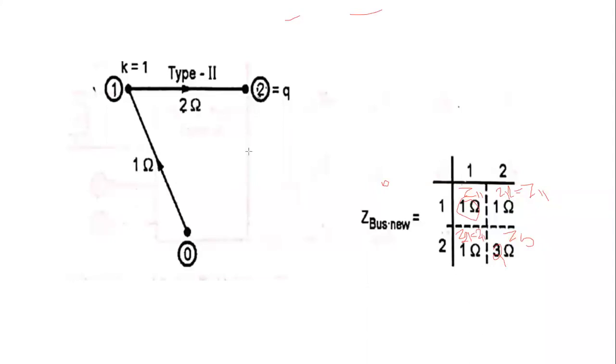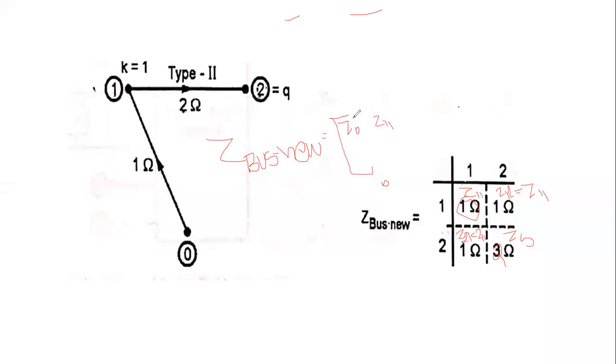How can we form the Z bus new matrix? Therefore, Z bus new is equal to Z bus old, and Z11.